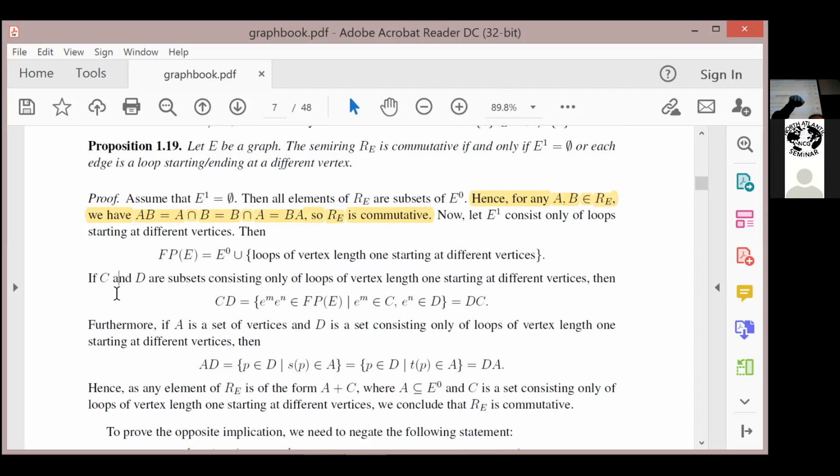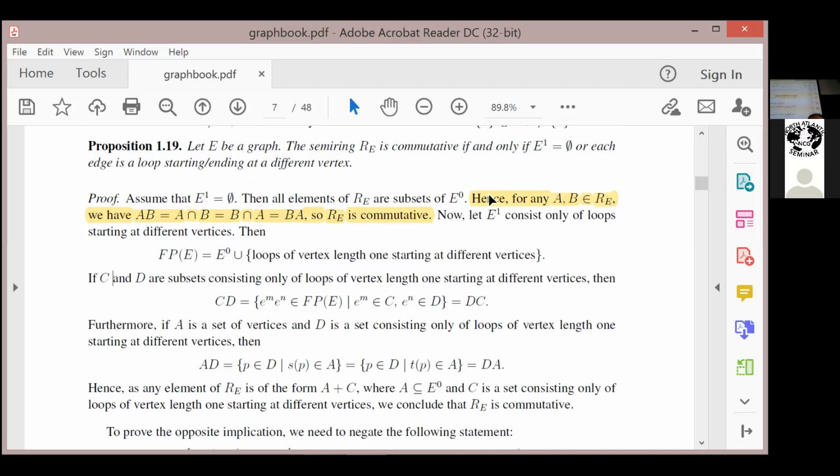So basically, when you look at this formula, because here all paths are vertices, you simply have all vertices in B that are also vertices in A. Well, this means the intersection. And I hope you agree that the intersection of sets is commutative, and AB is the same as BA. So R is commutative if you have no edges.